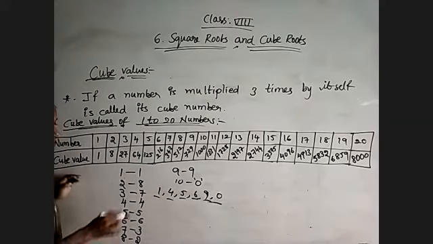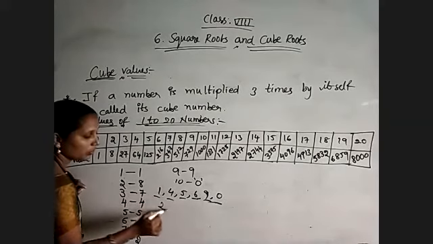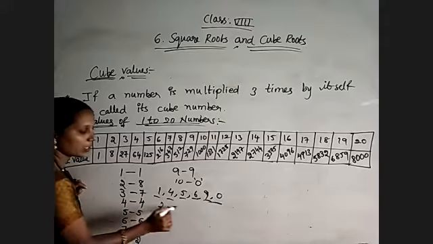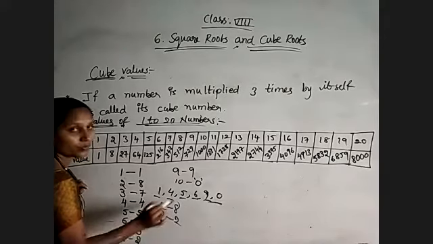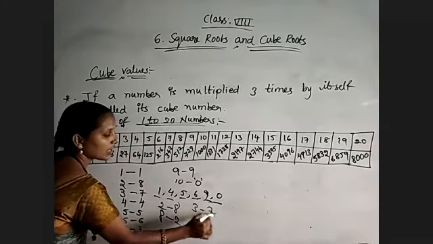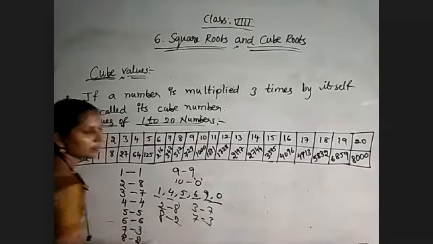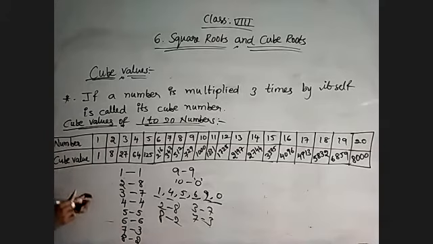If the numbers have 2, then in their cube values we will get 8. For 8 we will get 2. And for 3 we will get 7. And for 7 we will get 3. That's all. Okay.